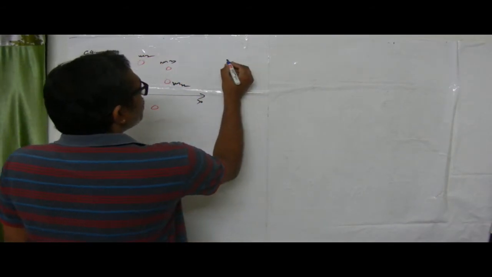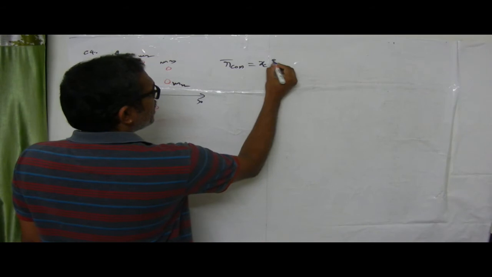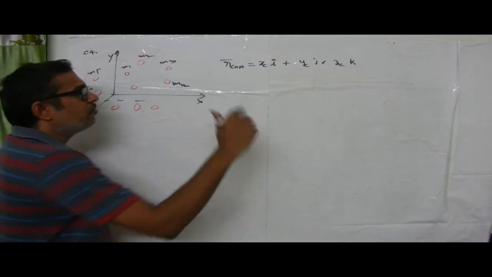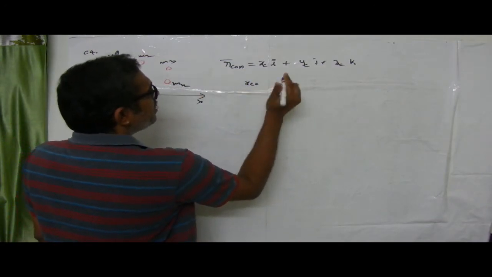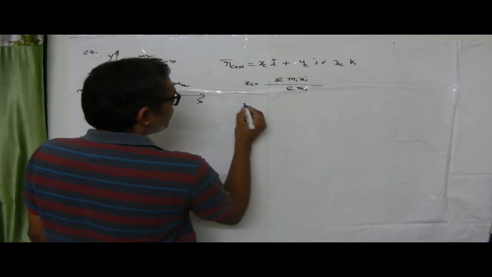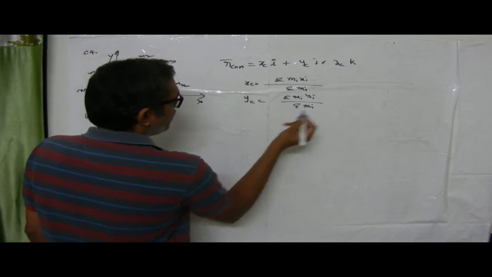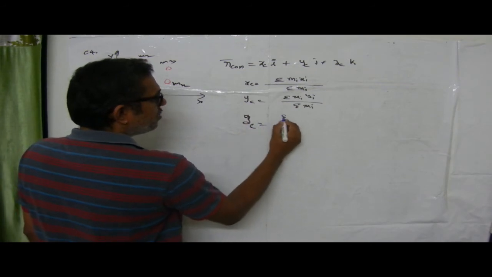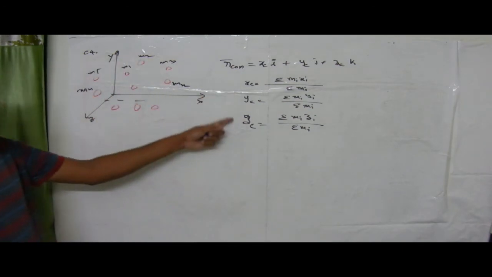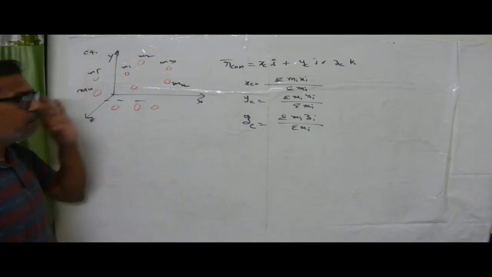Then in such a case, we have r_com vector equal to xc i plus yc j plus zc k, where xc is equal to sigma mi xi by sigma mi, yc is equal to sigma mi yi by sigma mi, and zc is equal to sigma mi zi by sigma mi. So by using these formulas, you can substitute and find the value of the center of mass of the system for multi-particle cases.